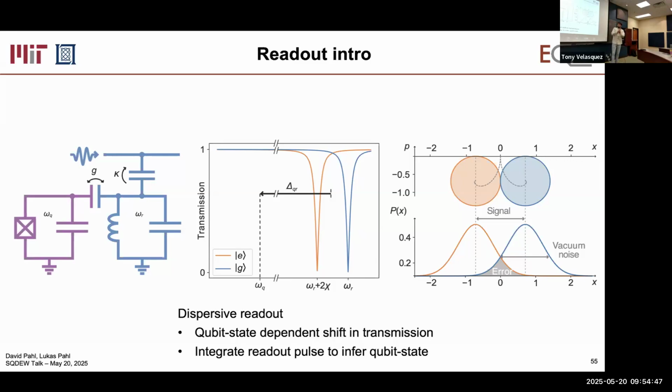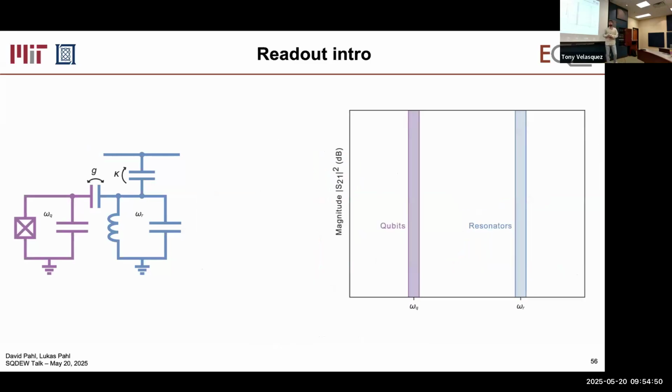Now, Daniel also talked about a problem that arises with coupling things to output ports, namely your qubit excitation can leave through that path. So in general, your resonator might be here and your qubit might be here in frequency.